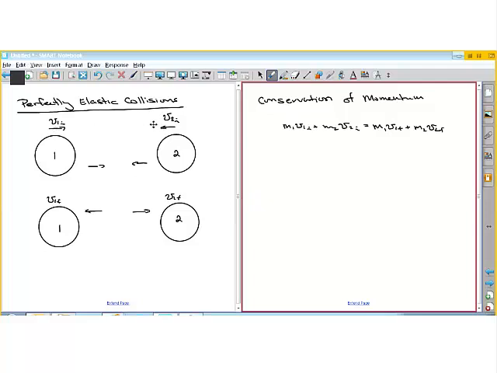And if we gave you the two velocities initially, then the two unknowns would be V1 final and V2 final. So we only have one equation, so I have to come up with another equation. So the second equation is conservation of energy.